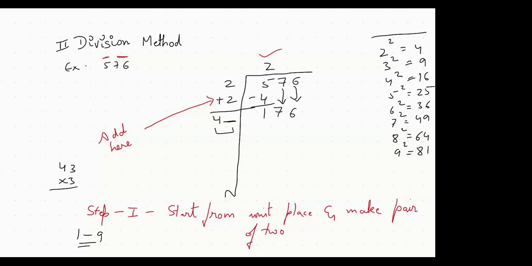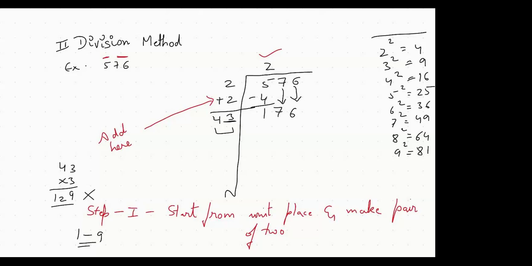So if I put 3 over here, I have to multiply 43 with 3 only, because 3 I'm putting. So 3 threes are 9 and 4 threes are 12, so 129. It's smaller, so we will not take.